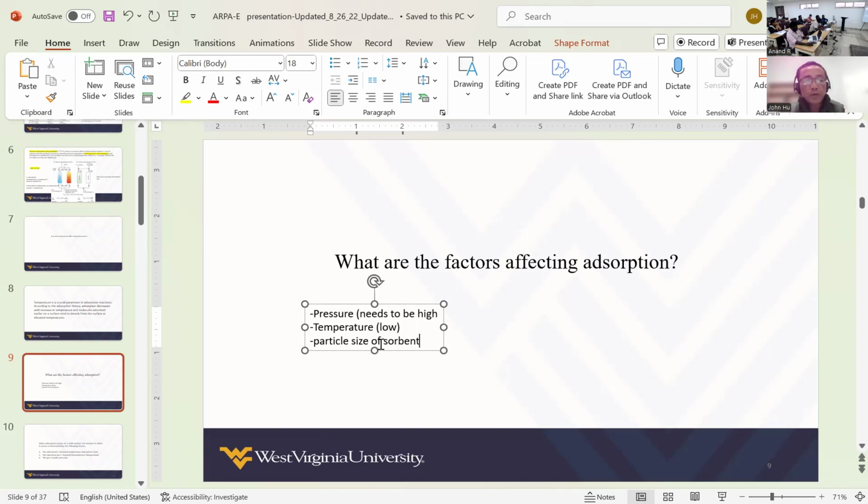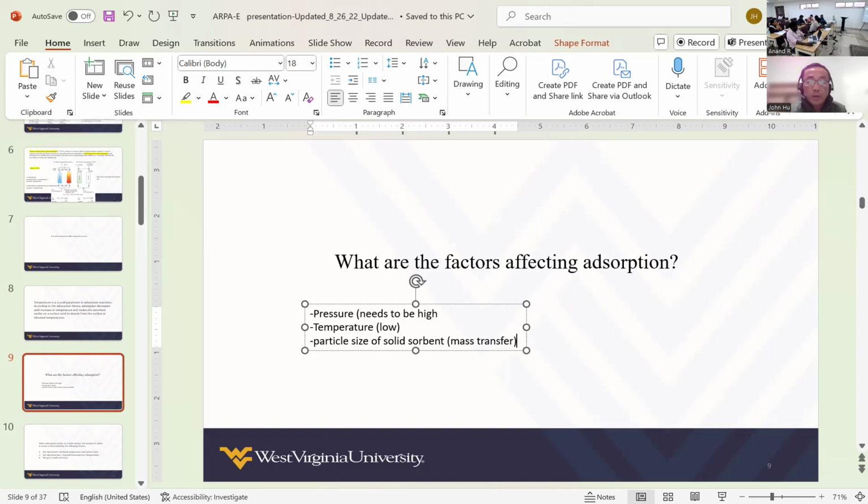Particle size of the solid sorbent. Thank you. So why is particle size important? Because of mass transfer. If you have big particles, for the material to adsorb on the surface, there is a mass transfer limitation. But if you break the big particle into smaller ones, it's easy to access the material. It's really mass transport.